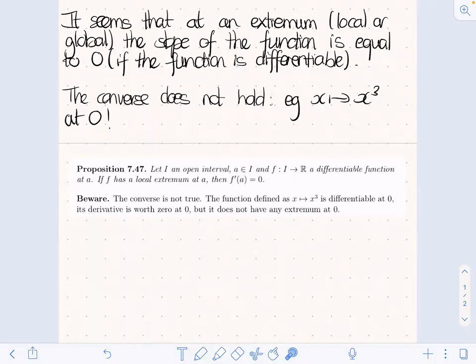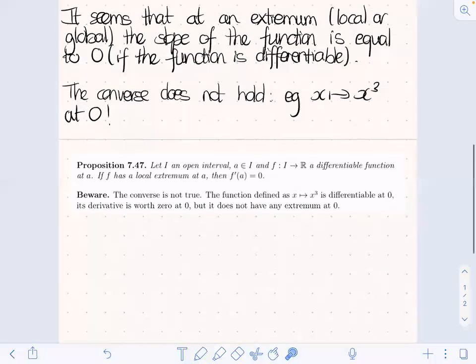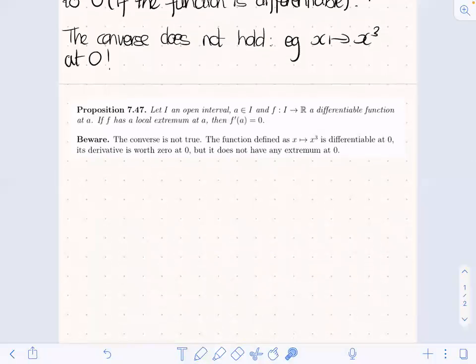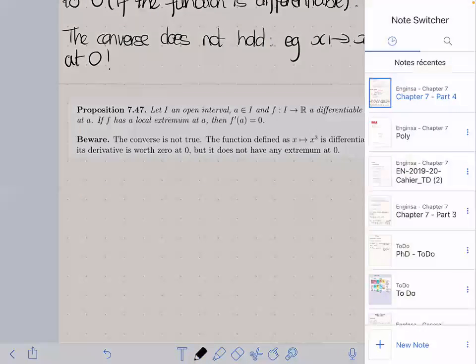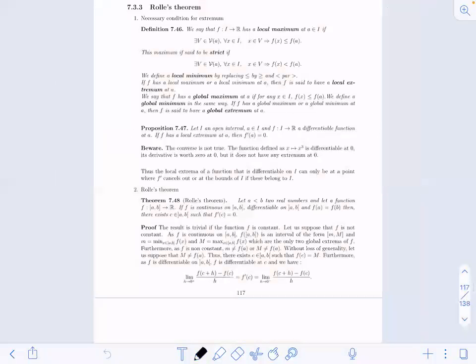Okay, so that's a first thing that we can do with derivatives of functions. What we can take away from this is if you're ever looking for a minimum or a maximum, you're going to look for them at points where the derivative cancels out.